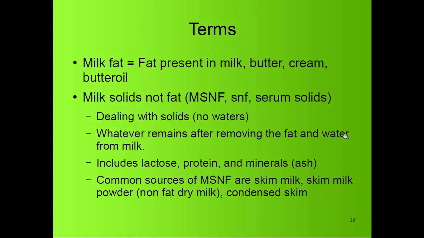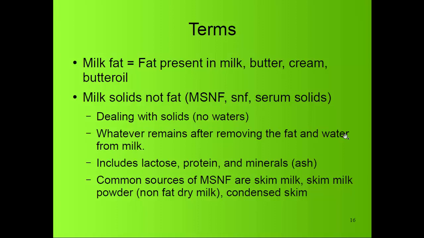These include lactose, protein, and minerals, or we call it ash. So lactose is a sugar that's found in milk, and we'll talk more about protein in a minute. But normally when you think of protein, you think of eggs and meat.